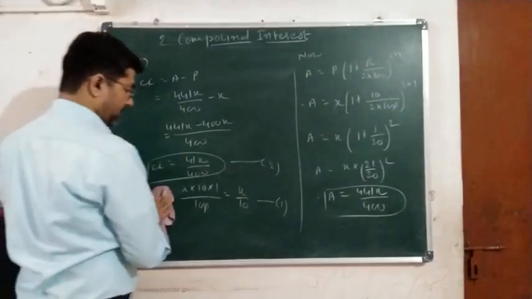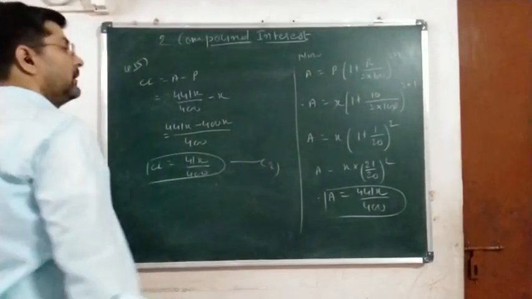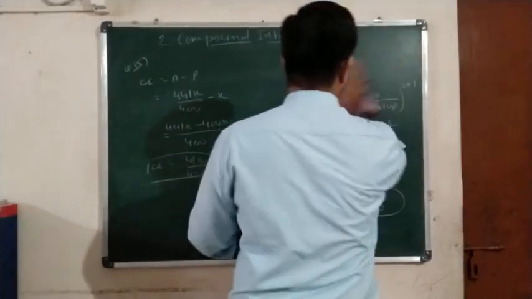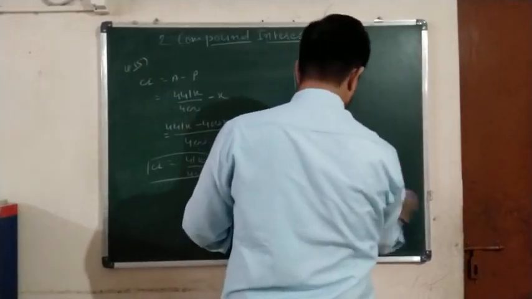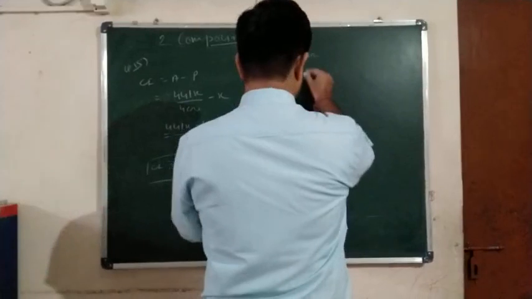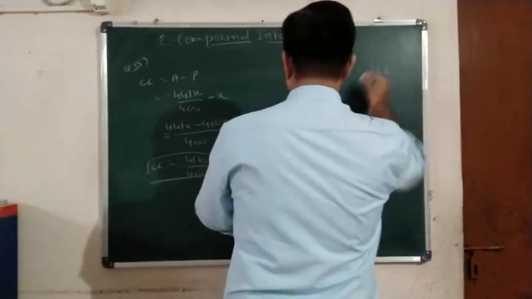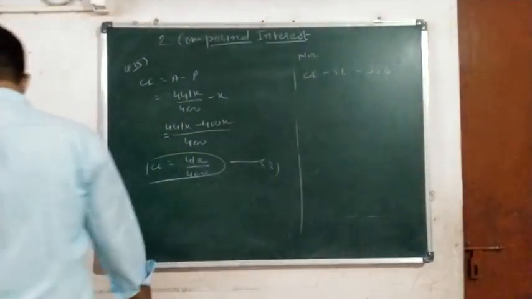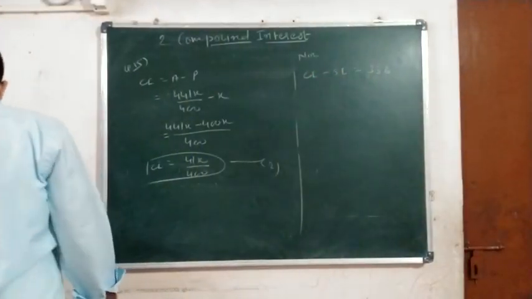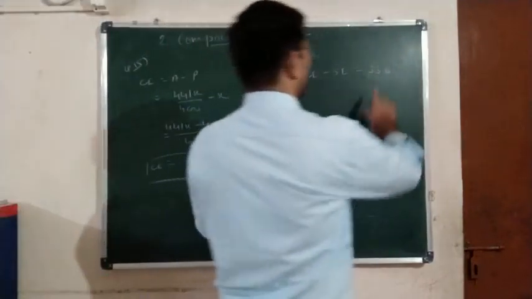Clear? Now we will subtract SI, which is x upon 10. Now CI minus SI is given, I think 336. Let us check in the question. Okay, it is 360.